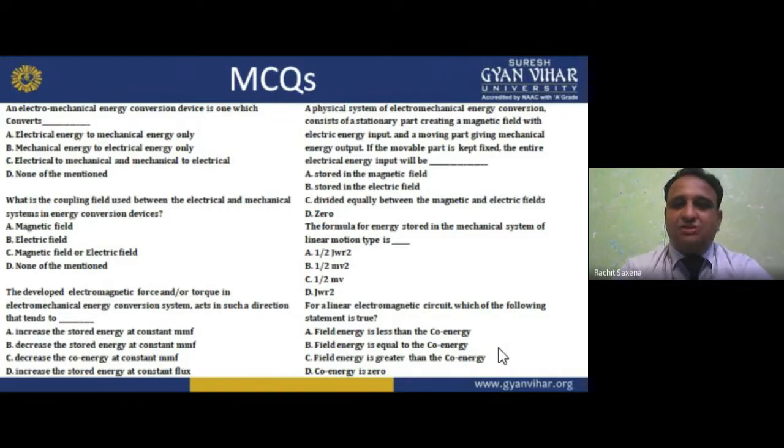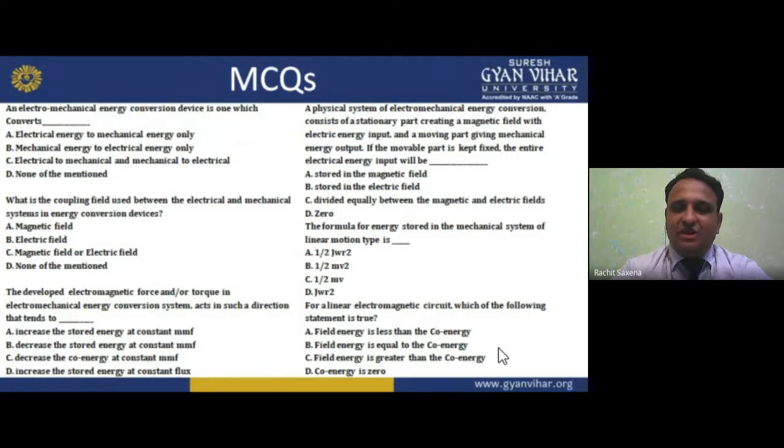A physical system of electromagnetic energy conversion consists of a stationary part creating a magnetic field with electrical energy input and a moving part giving mechanical energy output. If the movable part is kept fixed, the entire electrical energy will be stored in what? Or zero? The answer is C. The formula for energy stored in a magnetic system of linear motion: one upon two m v square.